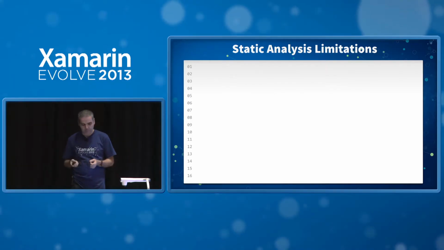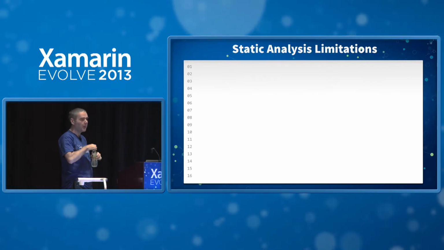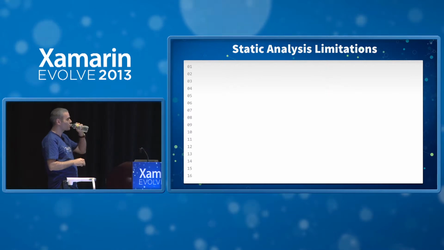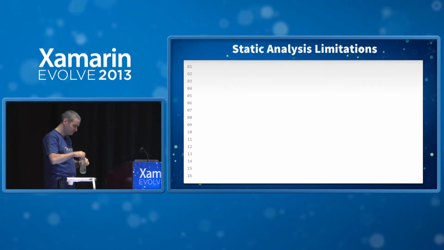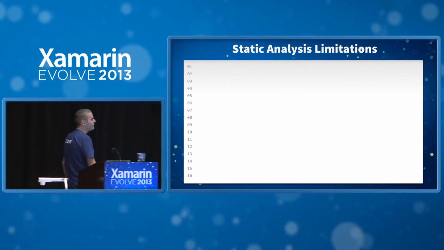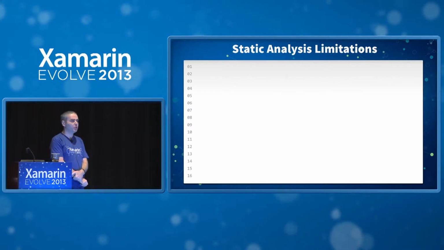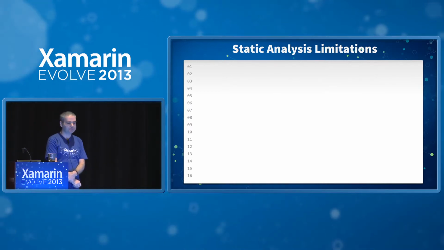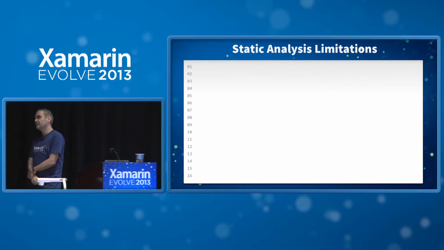Now, there's a catch. If you use link all on the field service sample, it will crash. It will throw an exception after the logon screen. Why do such things happen?